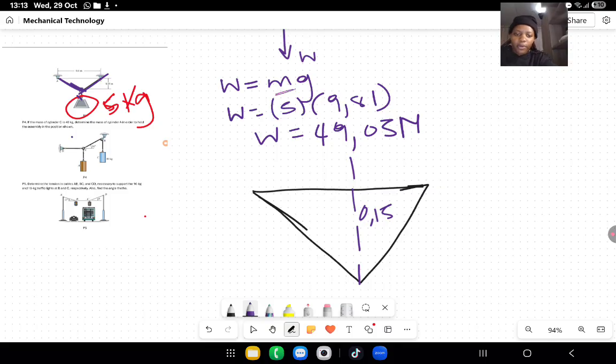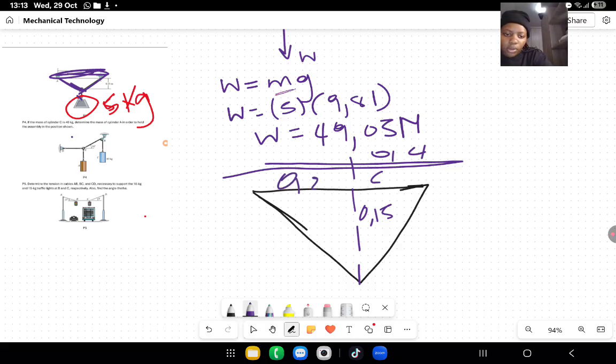Then all in all, this one is 0.4, so we say 0.4 divided by 2, which is 0.2 this side, 0.2 this side. So we'll have this and this. Now we'll be looking for this angle.